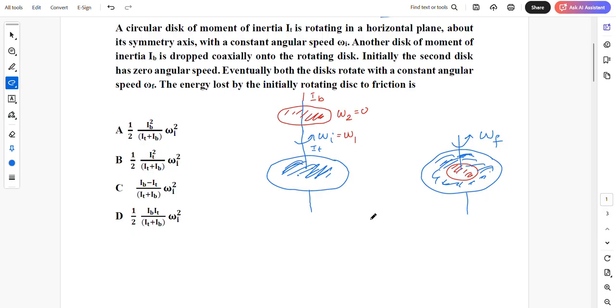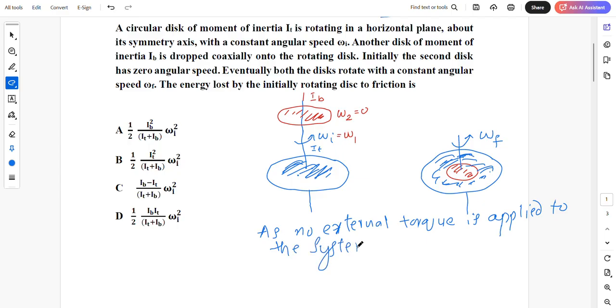Now as no external torque is applied to the system, the angular momentum of the system is conserved.